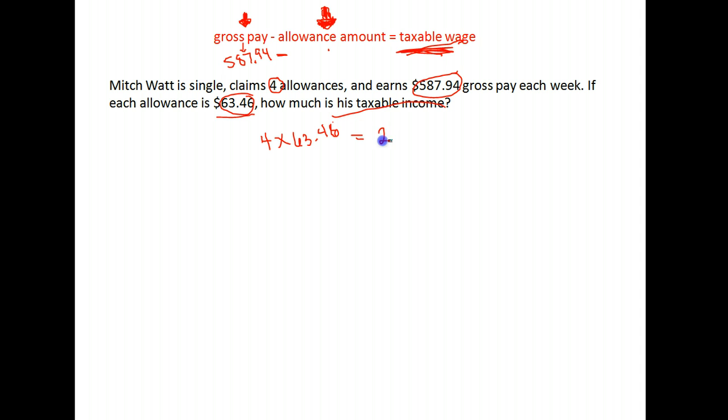We get $253.84. Okay, so that is his allowances that are going to be taken out. So then we go back up here and we subtract from his gross pay the $253.84, and we will have our taxable wages. They come out to $334.10.